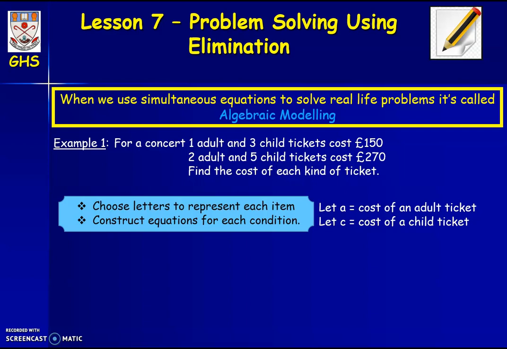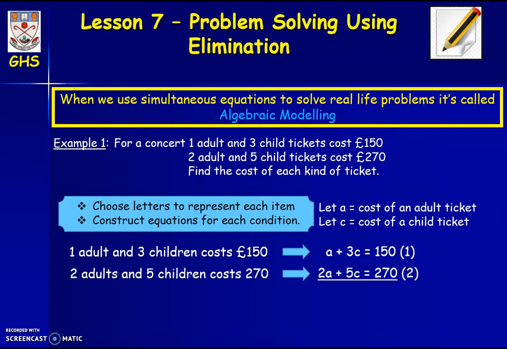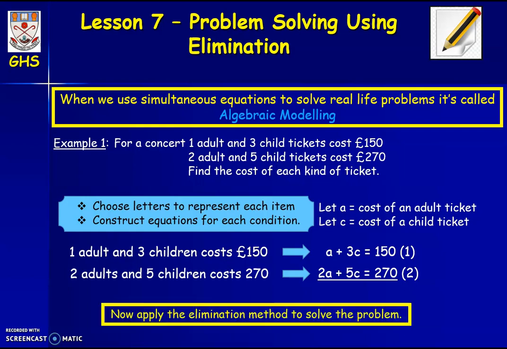So let's look at creating the equations. So 1 adult and 3 children costs £150, so we would just write this as A plus 3C equals 150. 2 adults and 5 children cost £270, so we would write that as 2A plus 5C equals 270.